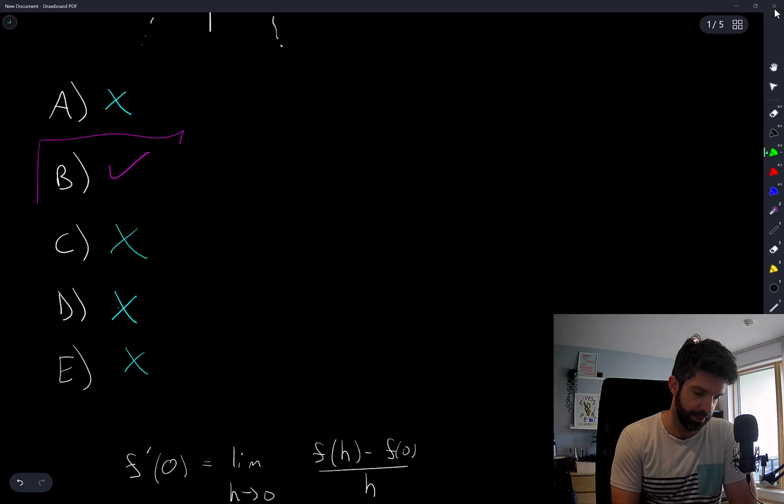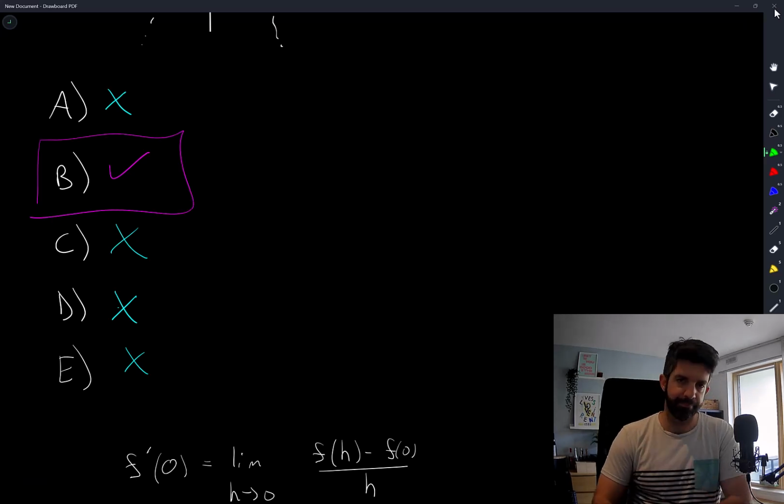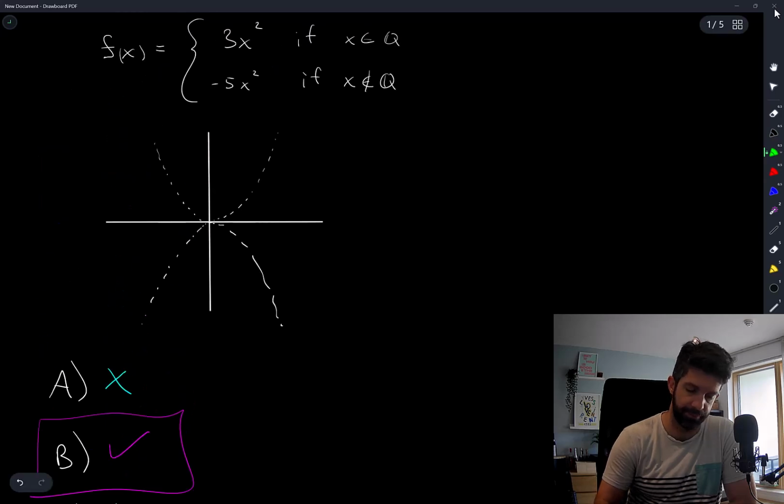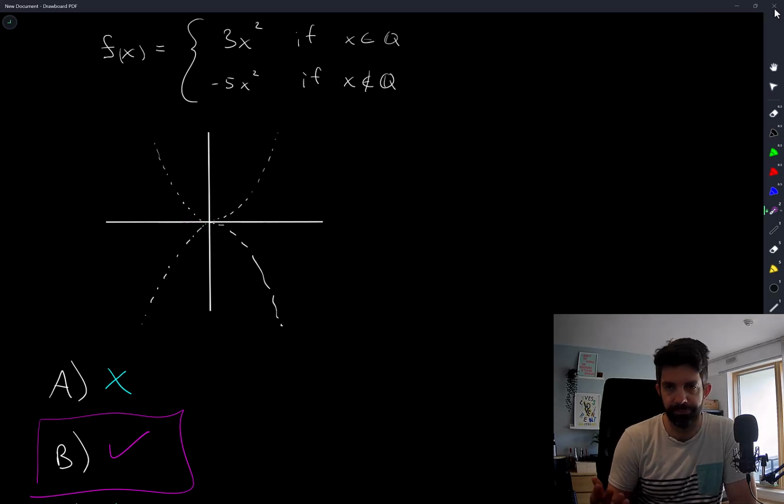So, yep. I didn't even look at all the statements before starting this, but if I looked at all 5 statements immediately after reading the question, I would have realized that either B or C is correct, and very good reason to believe that B is correct, because you're sandwiched between two functions that both have a derivative of 0 at 0.